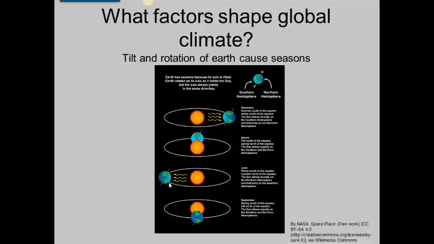These patterns change how much solar radiation is delivered to different places on our planet, therefore causing these seasonal changes in the amount of light, but also in the atmospheric conditions. It could be the temperature, or it could be the amount of precipitation.